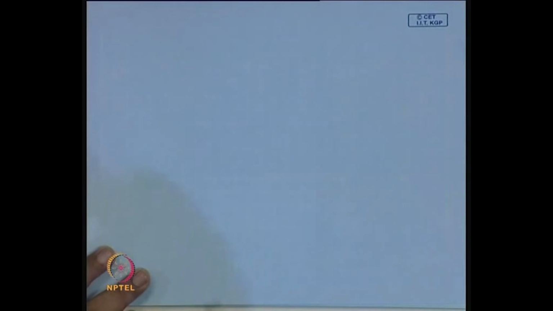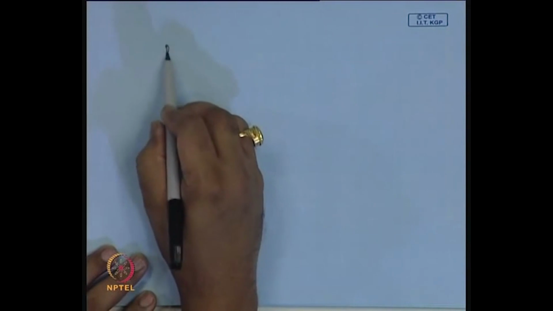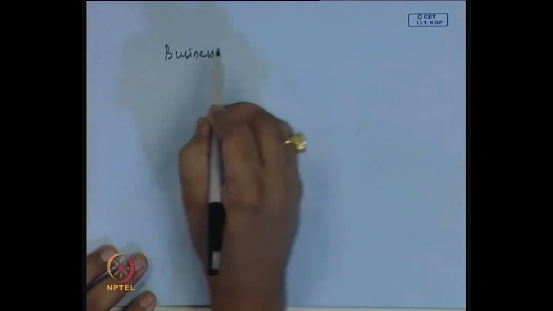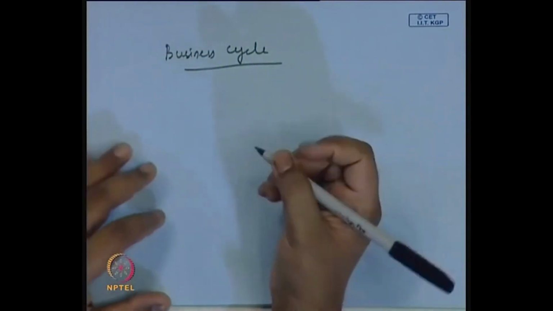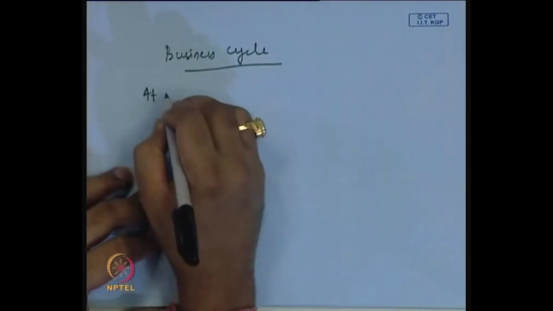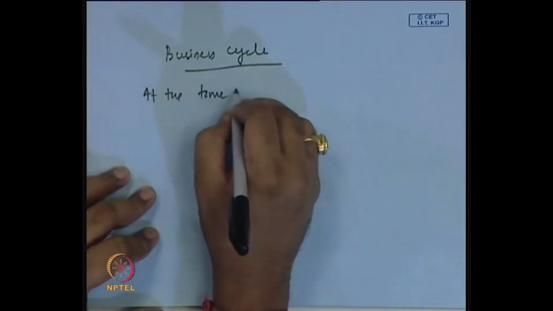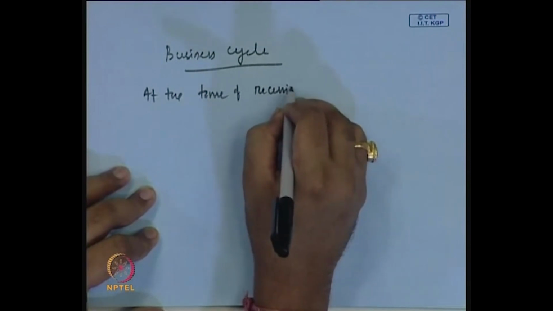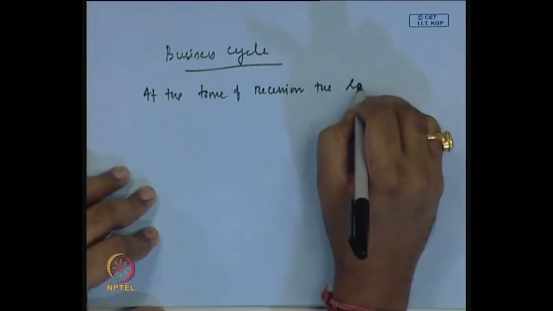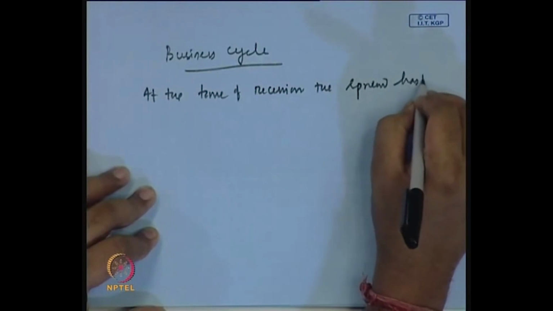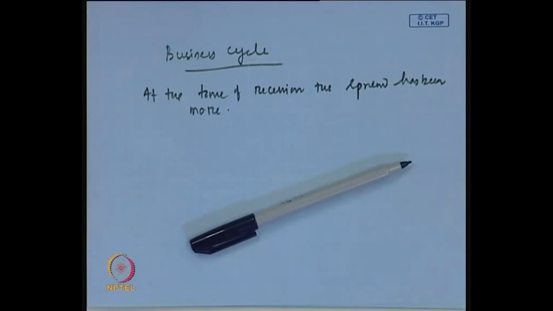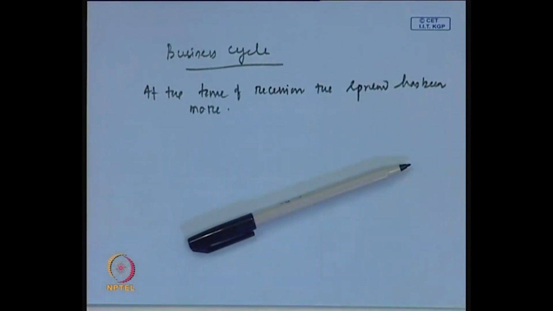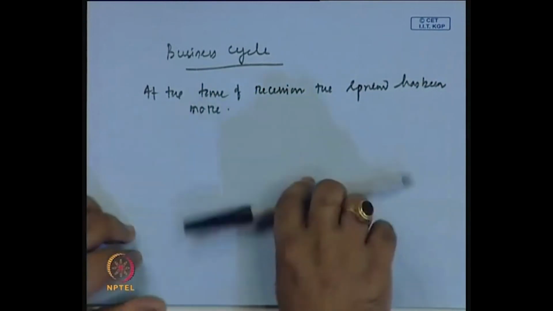Then which factors affect the spread? One factor is the business cycle. What have people studied regarding this? They said that at the time of recession, the spread has been more. What is the logic behind that? At the time of recession, why has this spread been more? It is because there is more risk in the market.